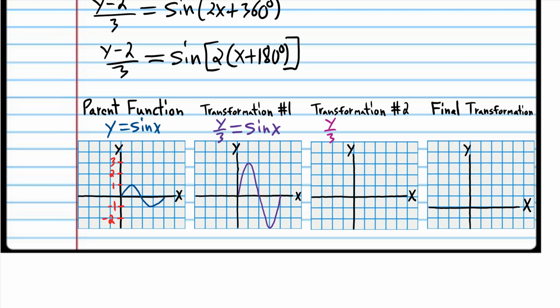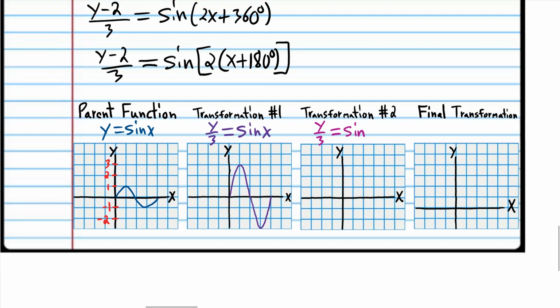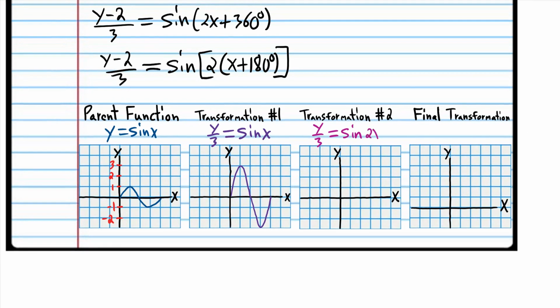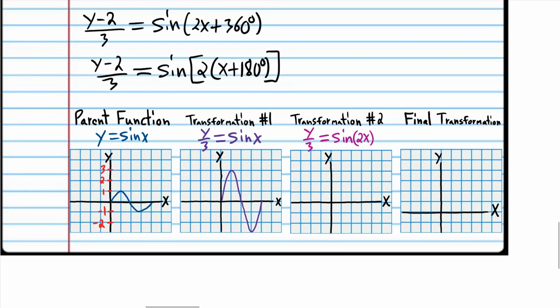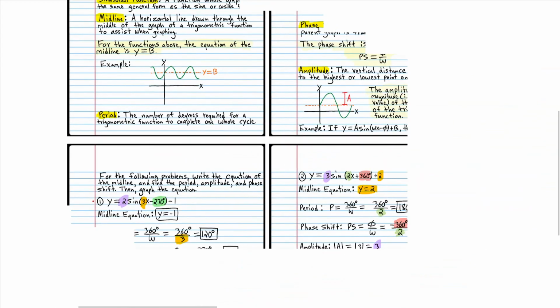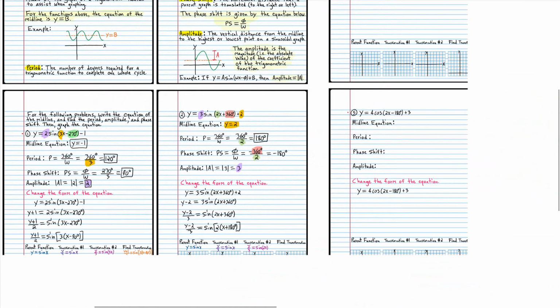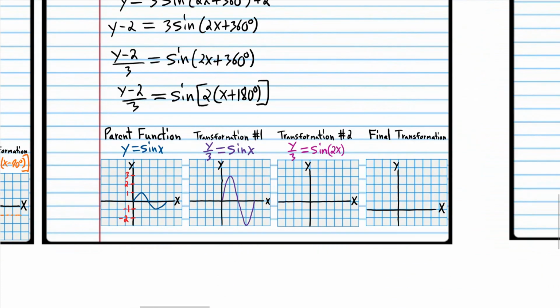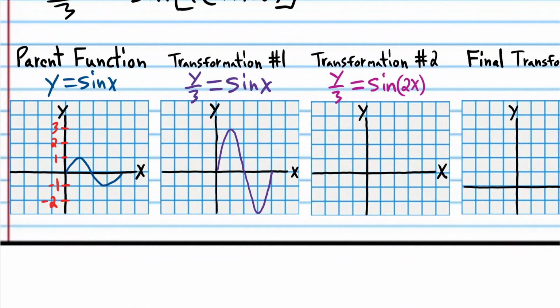So now we're going to dilate again, but now we're going to do a horizontal compression. So that means we're going to change the period of the function in the graph. So if we're multiplying x by 2, then that means we have to divide all the x values by 2.